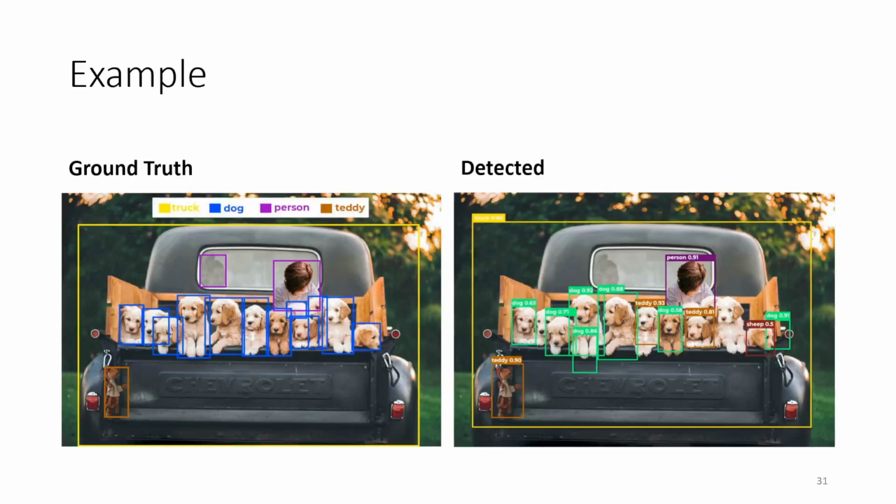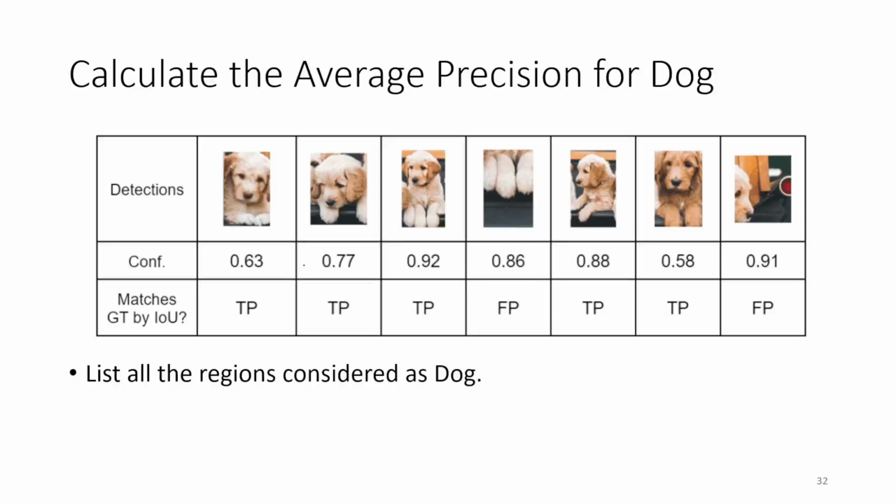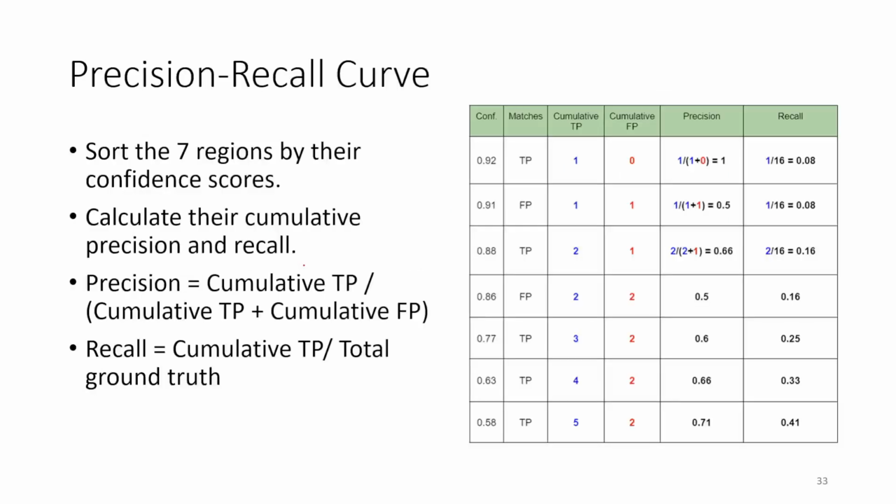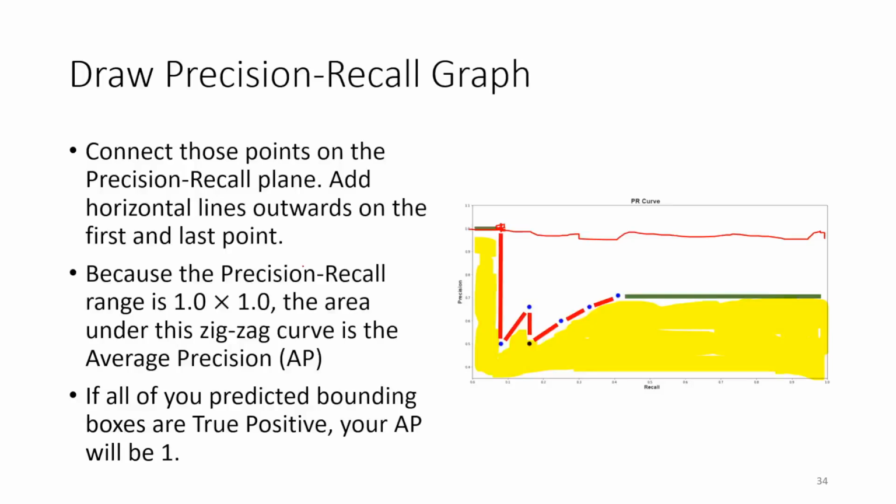We only calculate the average precision for dog, so this is an example for dog only. You also need to calculate this PR curve for the other 3 classes. Then for every class you will have an average precision, and you calculate the average of the 4 classes, and you will get the mean average precision.